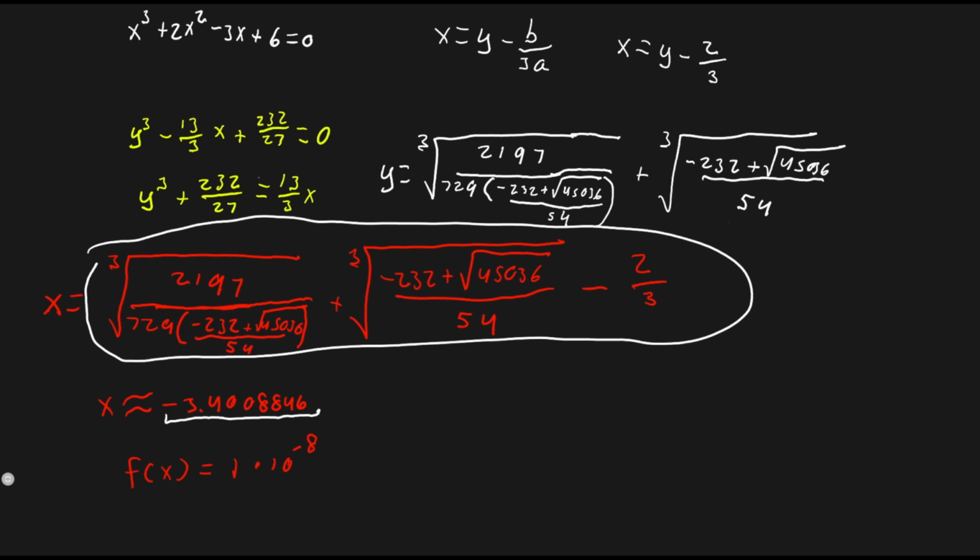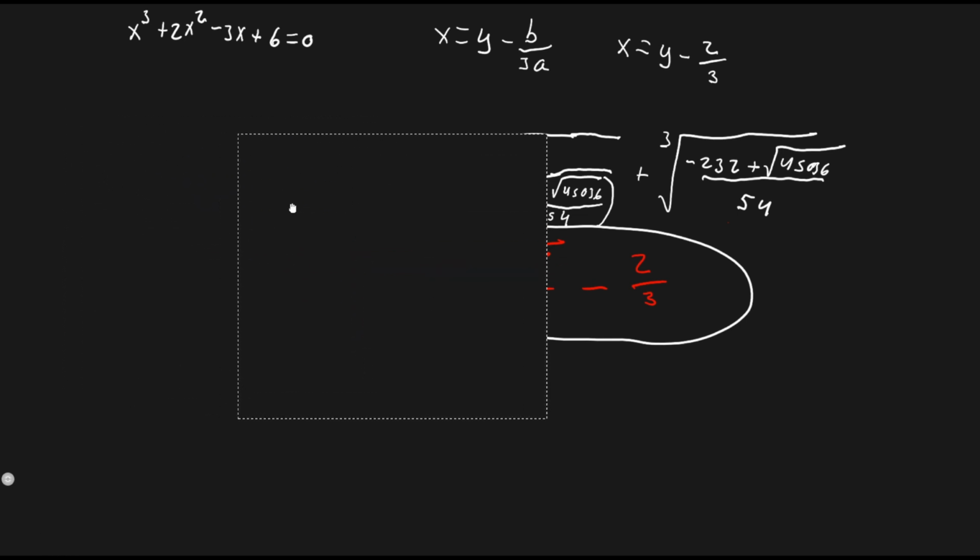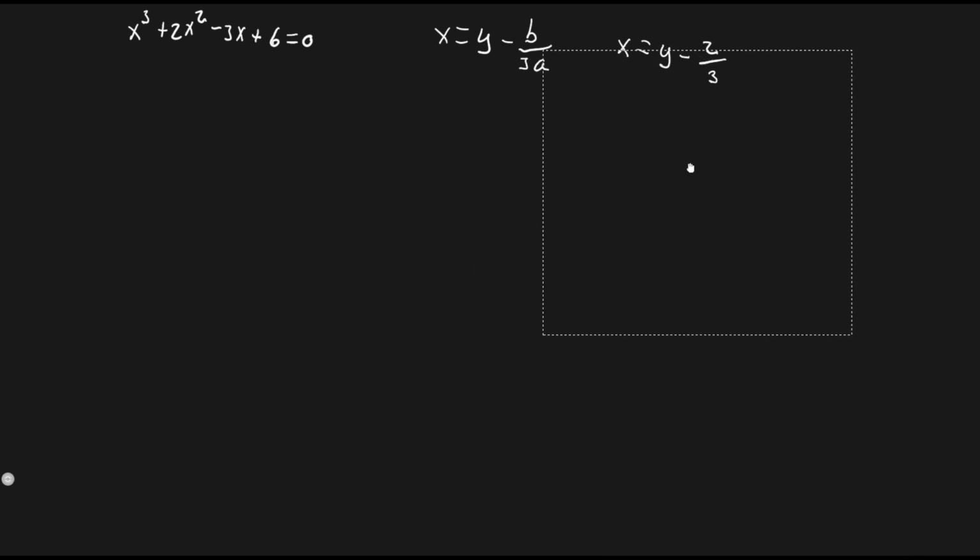And sometimes we have to depress the cubic in order to be able to solve the general cubic, because there are only very few cases where cubics are written in this form: x cubed plus px is equal to q, and x cubed plus q is equal to px, which is the one we're mainly looking at.